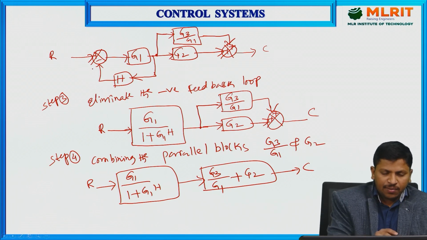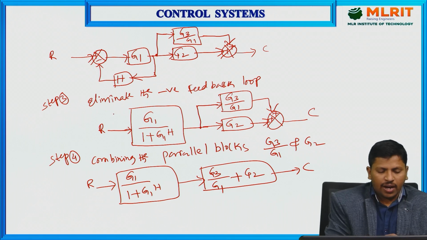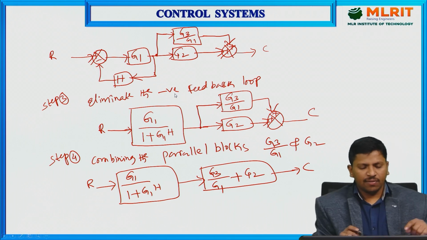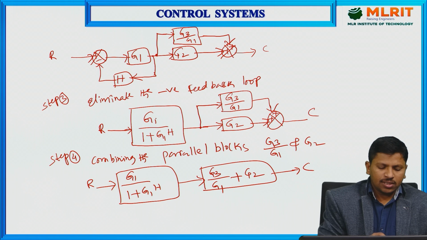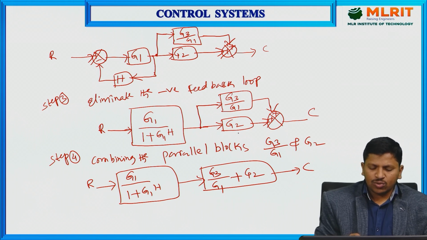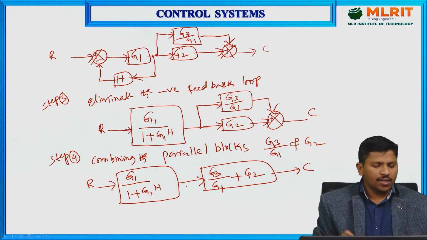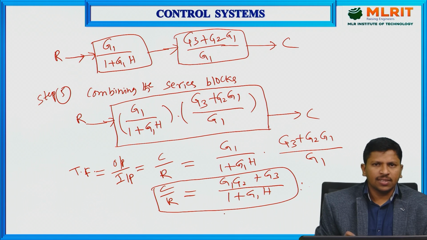After eliminating the feedback loop, we get G1 divided by 1 plus G1 H, and these two are in the form of parallel. Just adding these two block gains, we get the final transfer function: C by R equals G1 G2 plus G3 divided by 1 plus G1 H.